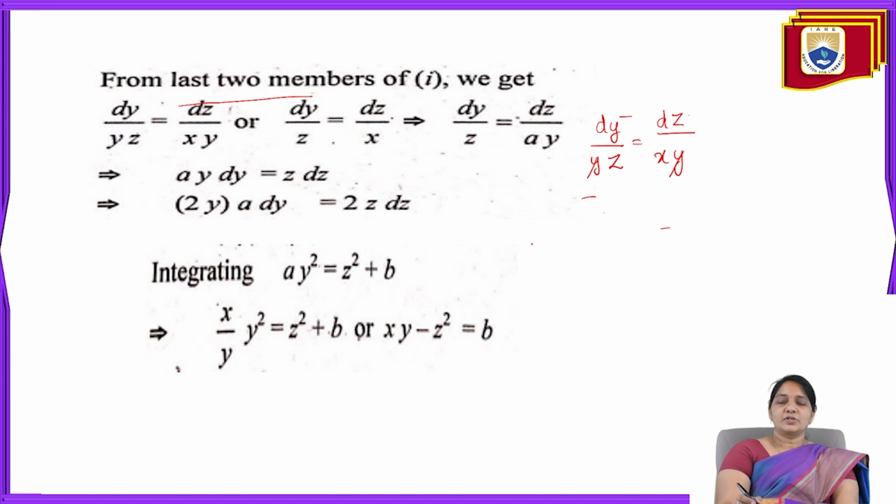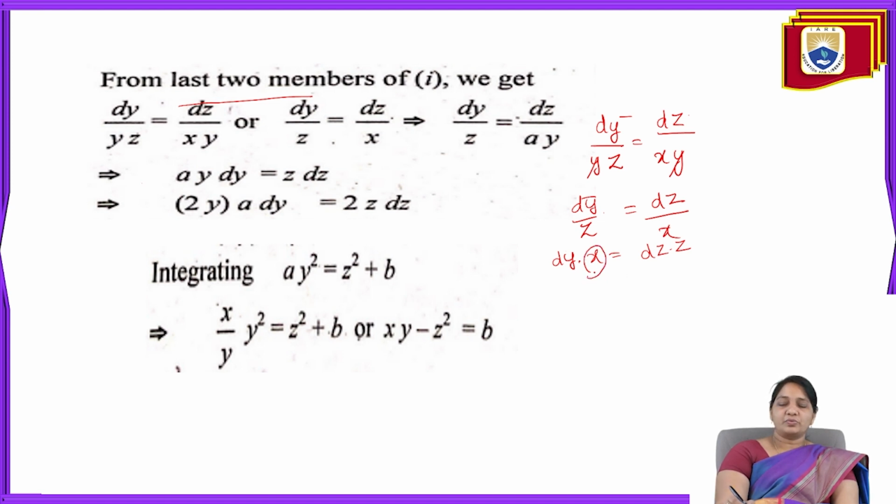So dy by z equal to dz by x. So dy into x equal to dz into z. But I won't integrate here because it is not in variable separable form.